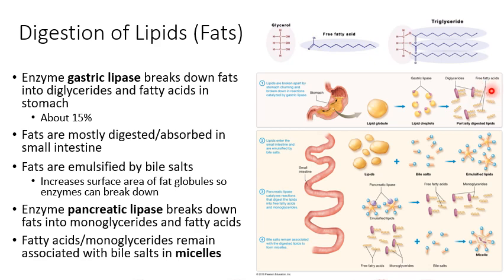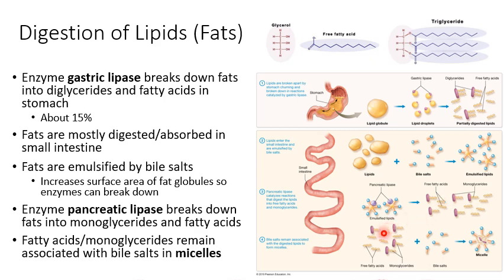Then in the small intestine, you still have these lipid droplets. In order to fully access the interior of those droplets, you have to break them up further. So bile salts will do that by emulsifying the droplets until they're really small. Then you have pancreatic lipase come and catalyze the breakdown of those fats, giving you just free fatty acids and monoglycerides, a glycerol attached to one fatty acid.